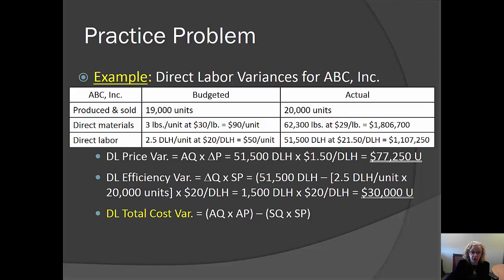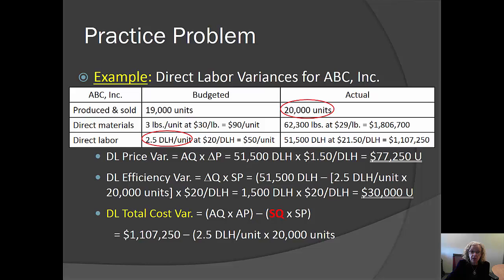Altogether, we can figure out our total cost variance in two ways. One way is to compare the actual cost for labor to the standard cost at this level of activity. In that case, we know the total labor cost.